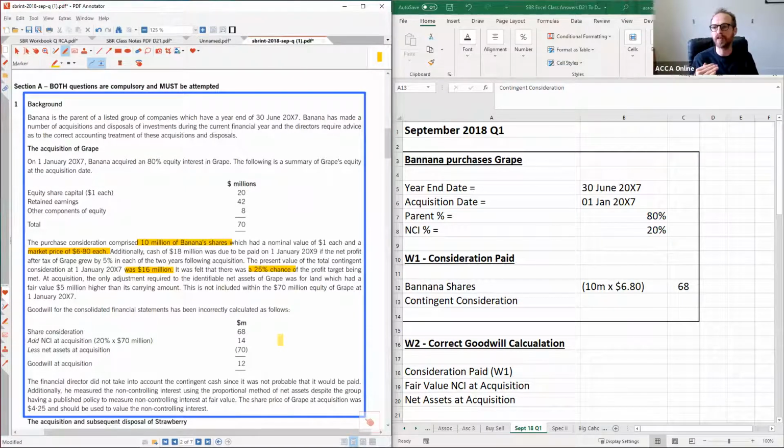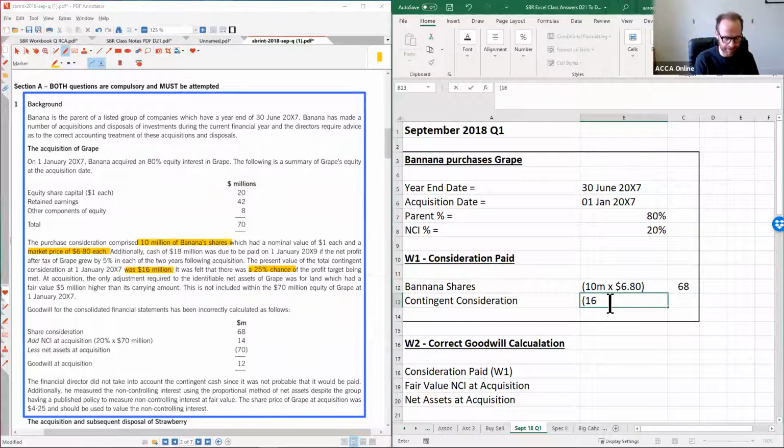And it needs to be probability weighted. So 25% chance of that. So this is going to be 16 million times 25%, which is 4, which means the total consideration is going to be 72 million.